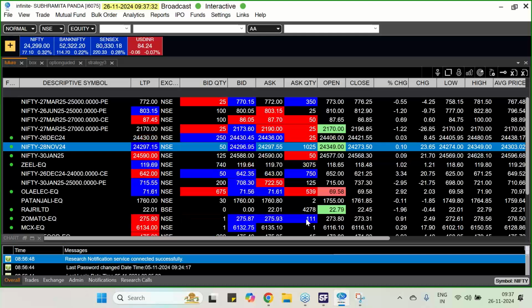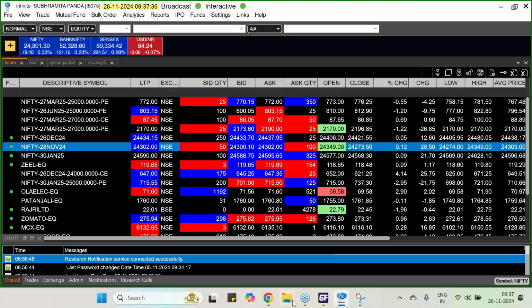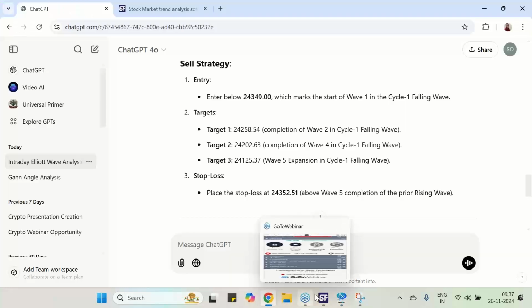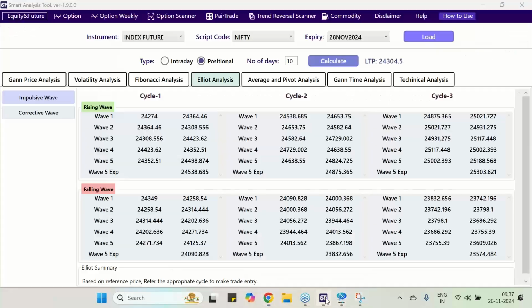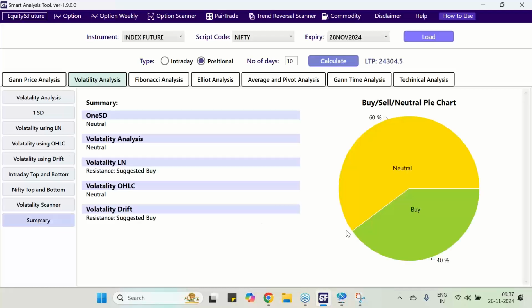But when to use Elliott wave, can anyone tell me what is the best time or best situation to use the Elliott wave? Anyone? When should we use the Elliott wave?